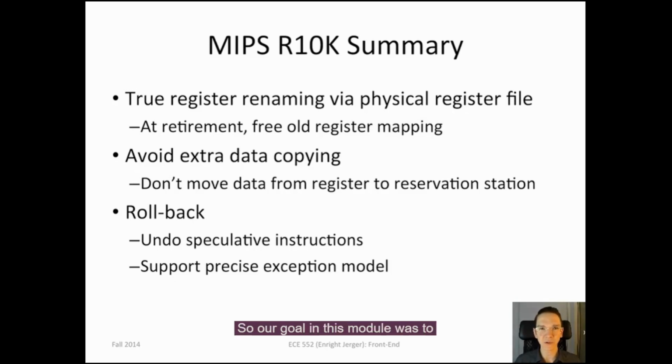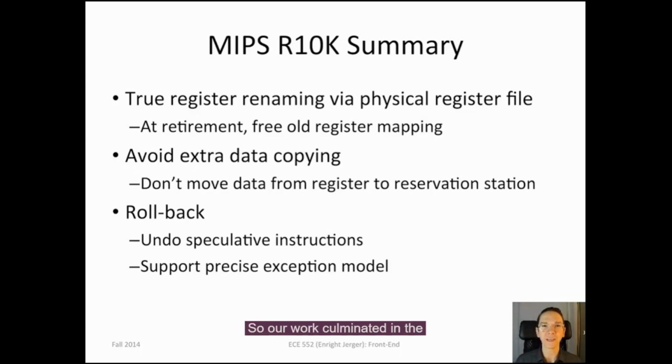So our goal in this module was to retain correct precise state by reusing several of the concepts we saw before, reservation stations, register renaming, but we introduced new data structures, the physical register file, the reorder buffer, and crucially, we broke up the out-of-order write-back stage into two parts, out-of-order completion, but crucially, in-order retirement.